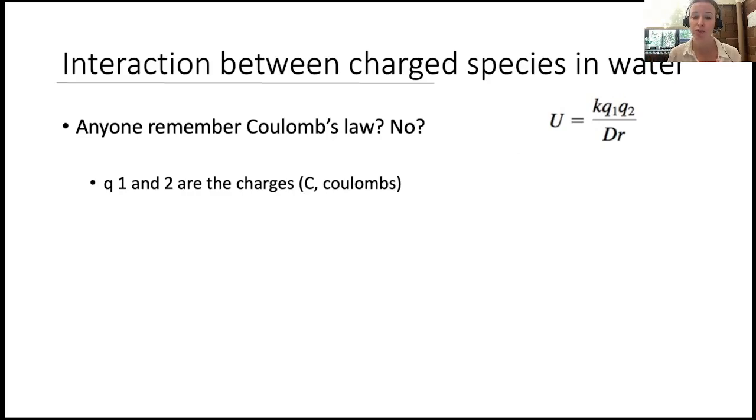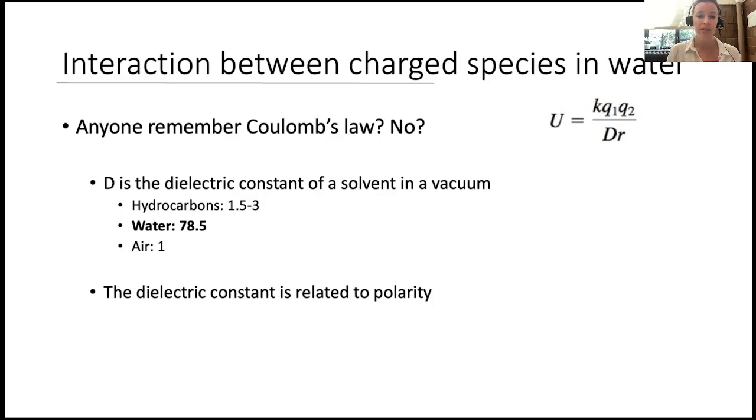Of course, Q1 and Q2 are the charges. They will have both a value and a sign, right? So a charge could be positive or negative, and it could be 1, 2, 0.5, etc. R is the distance between the charges, and that is something we'll think about for sure, is distance. Finally, D is a dielectric constant. It's kind of related to polarity, but again, let's not worry about this.